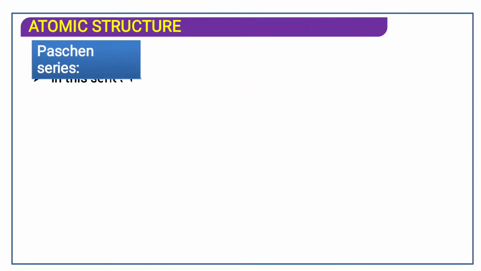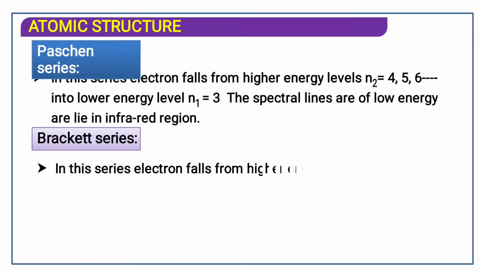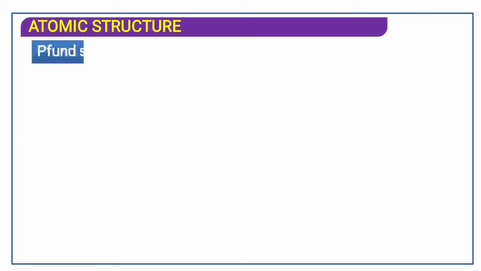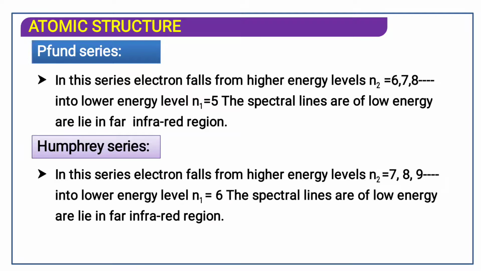For Paschen also, higher levels 4, 5, 6 to the third orbit; Brackett 5, 6 to the fourth orbit, mid IR; and in the Pfund series to the fifth orbit, in Humphreys to the sixth orbit.